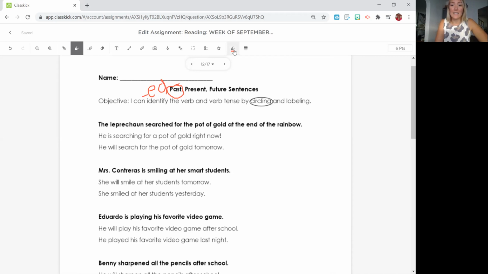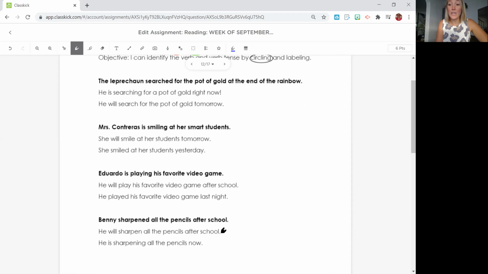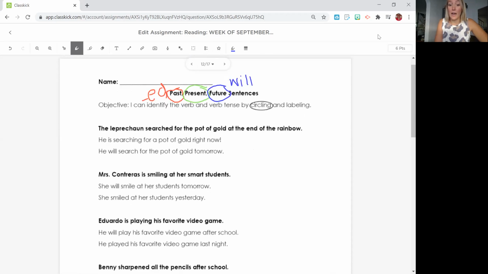If it is in the present tense, I want you to circle it in green. If it is in the future tense, I want you to circle it in blue. That means it probably has the linking verb will. We'll do the first one together, and then you will do the next three on your own. And I would like you to answer them all correctly, and this will be for a grade.